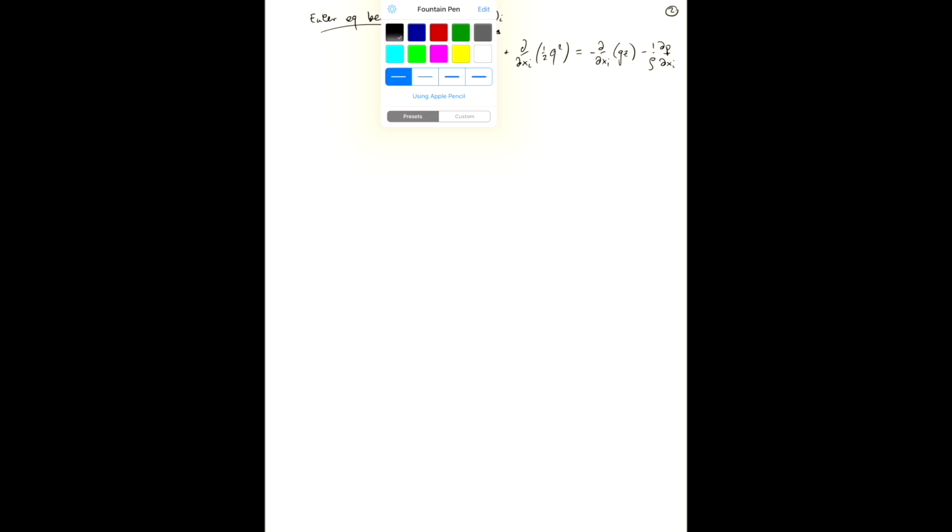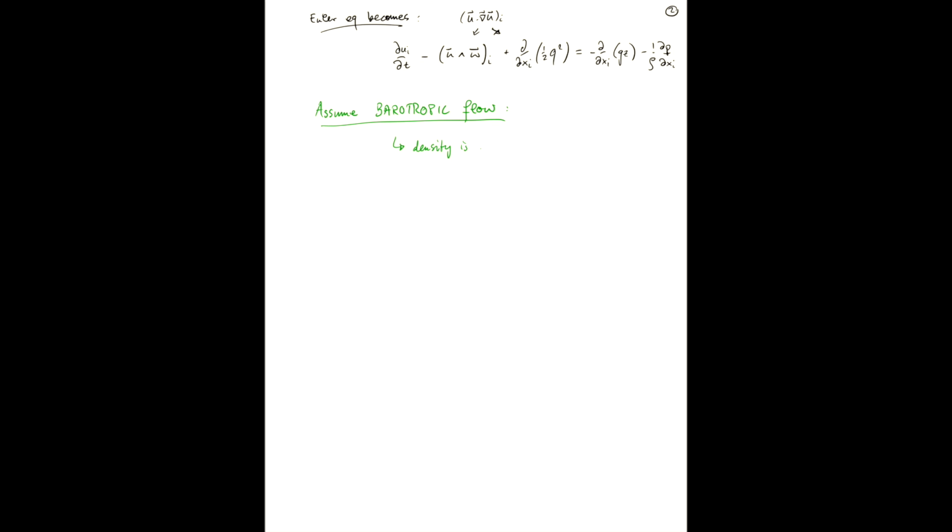Now, for the Bernoulli equation to hold, we make one crucial assumption. We assume that our flow is barotropic. And what does that mean? It means that our density is a function of pressure alone.